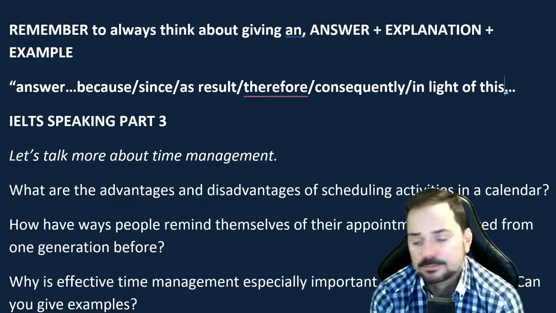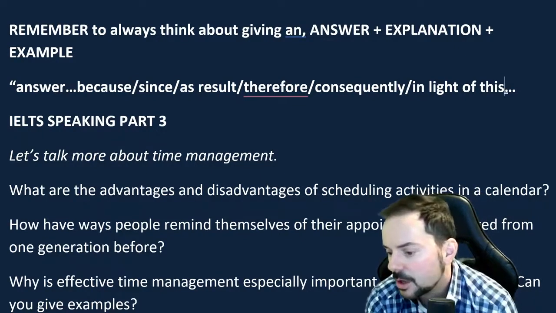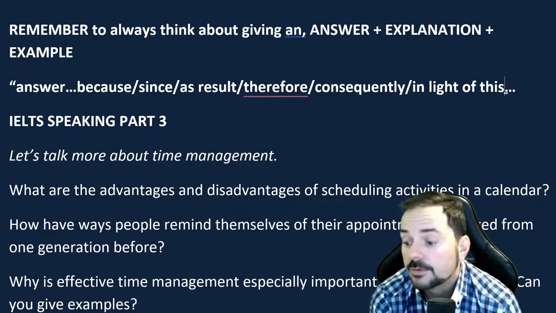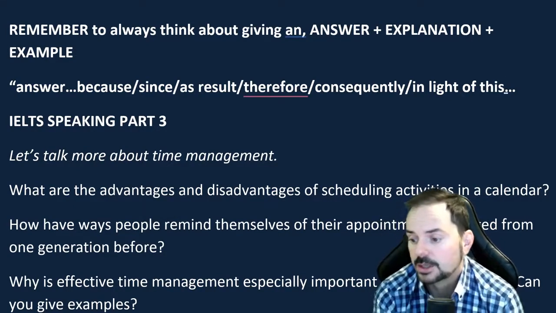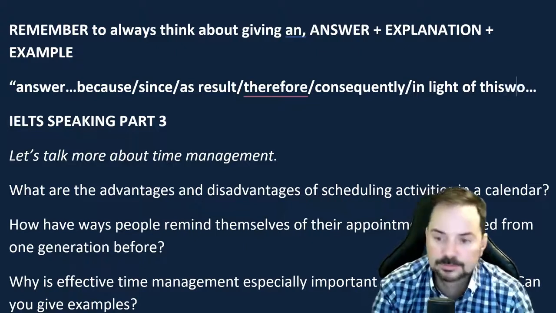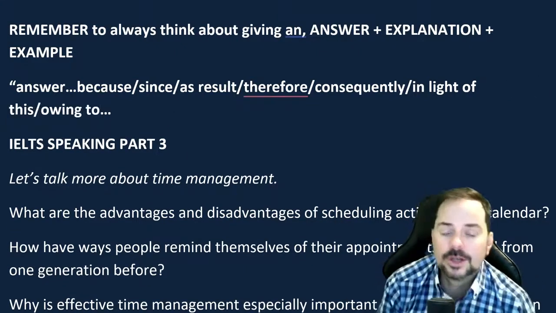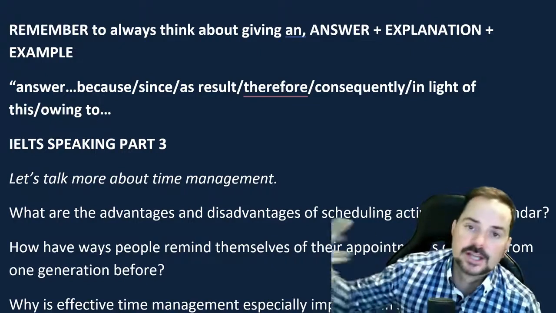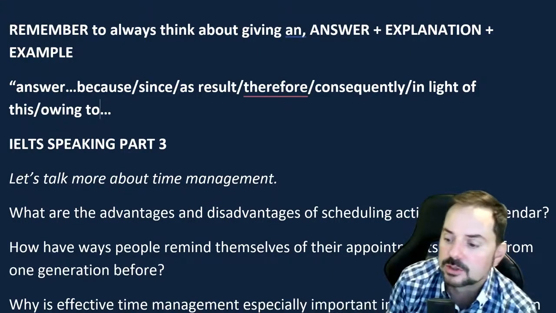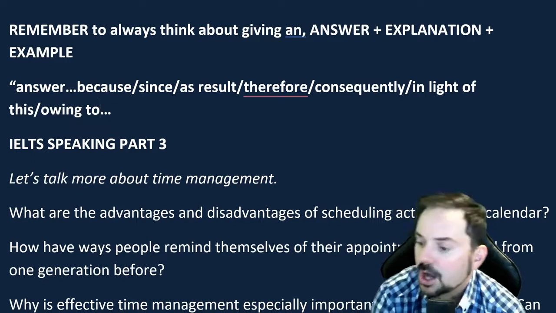Use a variety. Carlos, it's not owing of, although it's good. It's owing to. Owing to this situation, I decided to. Yes, owing to is usually more common than owing of.